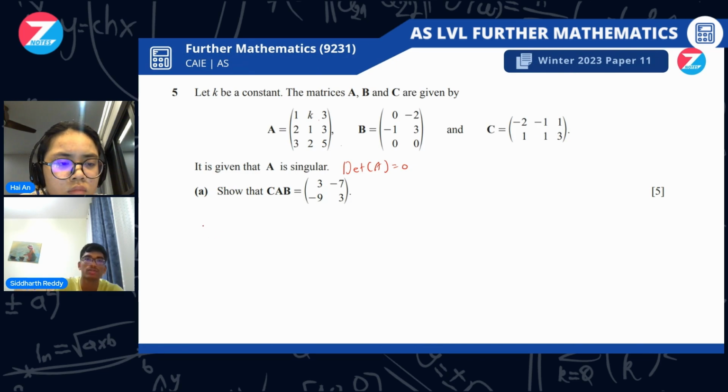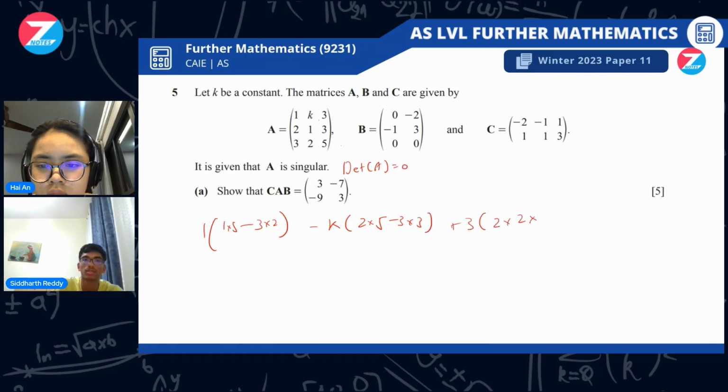So the determinant of A is going to be 1 times (5 minus 3 times 2) minus k times (2 times 5 minus 3 times 3) plus 3 times (2 times 2 minus 1 times 3).